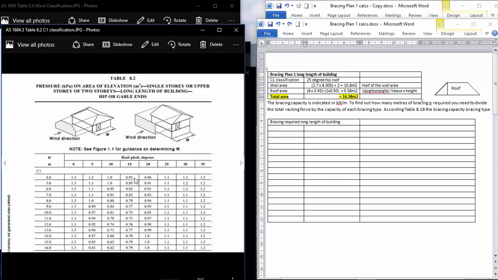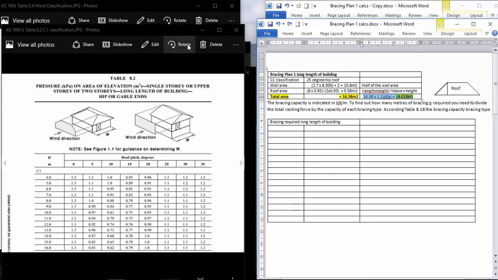We have a 25-degree pitch, and this gives us a multiplying factor of 1.1. So we multiply our 16.38 by our 1.1, and that gives us 18.01 kilonewtons of racking force on that elevation.